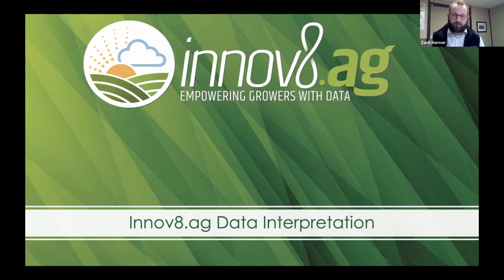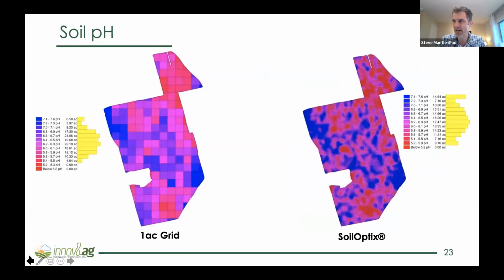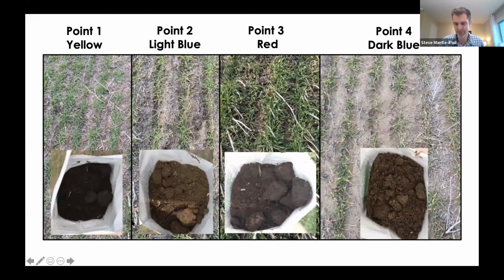The fascinating thing I thought about the picture that you had of the different soils associated with the different colors, right? Ian and I were talking about this earlier as well, because he's out there driving, as am I often. When you go take that sample based on the variability across the block, based on what you've seen from the SoilOptix scan, it's really fascinating how easy it is to go in.